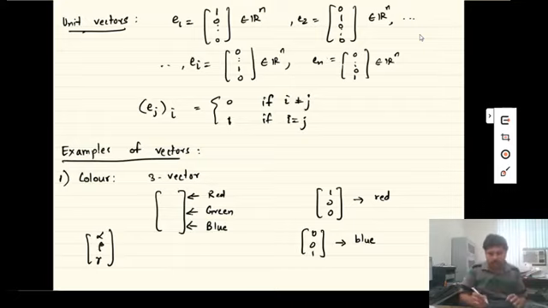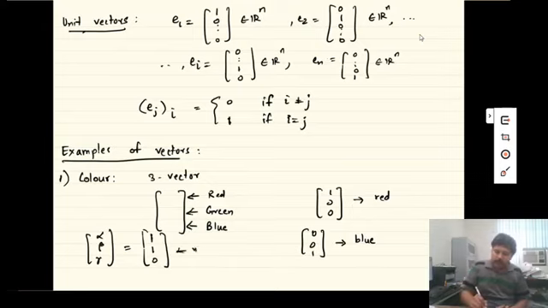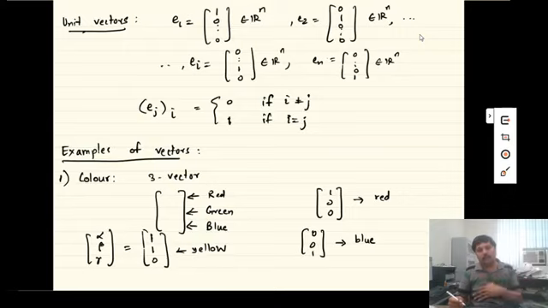For example, if you take 1, 1, 0, that is you mix red and green, the color that you will get is yellow. So this is one example where colors come into the picture.